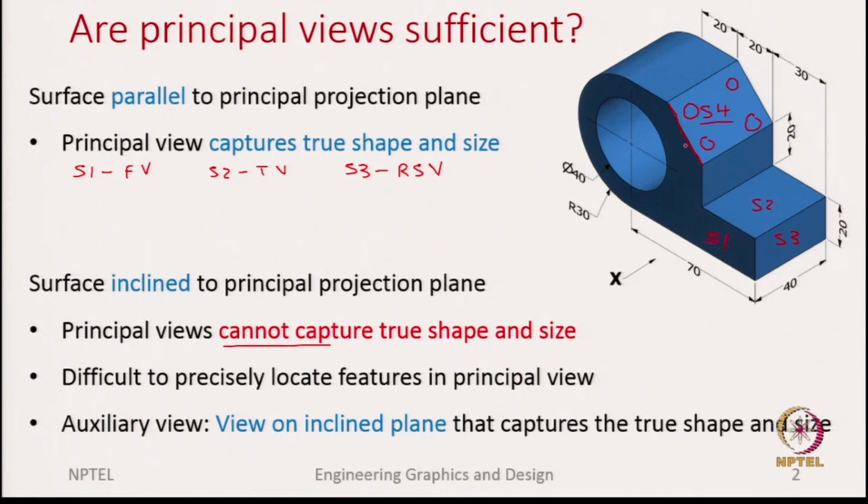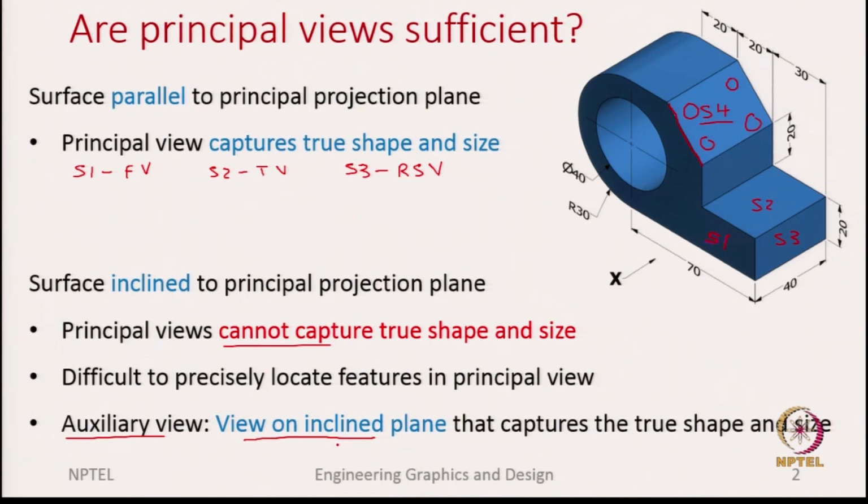So, let us say you take a projection plane which is parallel to that, and then apply your basic orthographic projection, saying that the viewer is at infinite distance, looking right into the object, which means the projector lines are perpendicular to the projection plane and also perpendicular to the surface we are interested in.